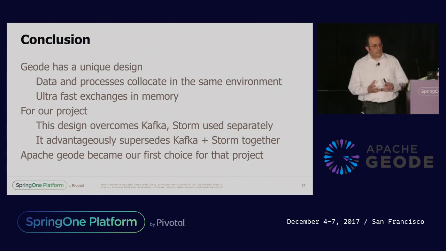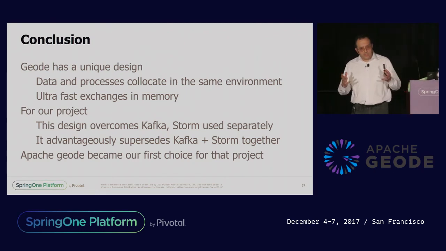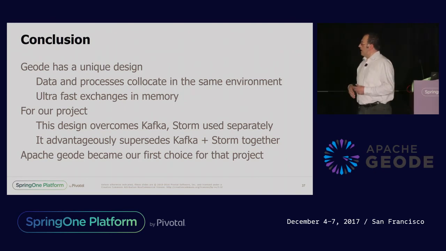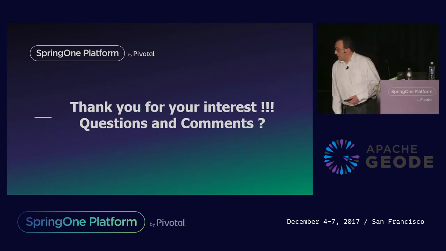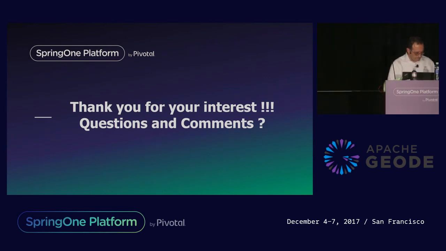If we put them together, we get mainly the same level, but we found that Apache Geode was simpler, and it became our first choice for that project. Thank you very much. If you have any questions or comments.